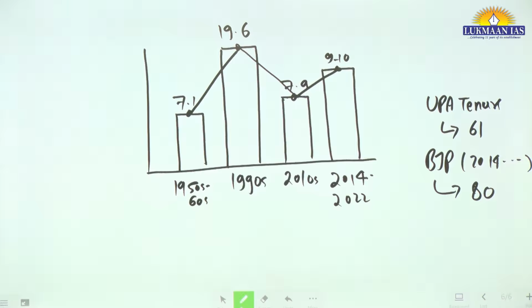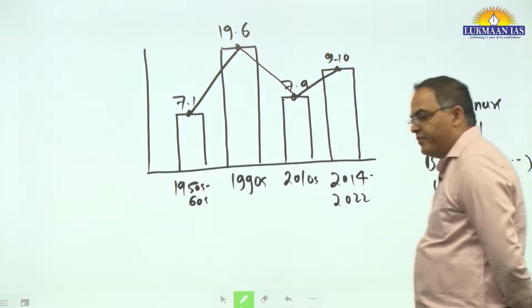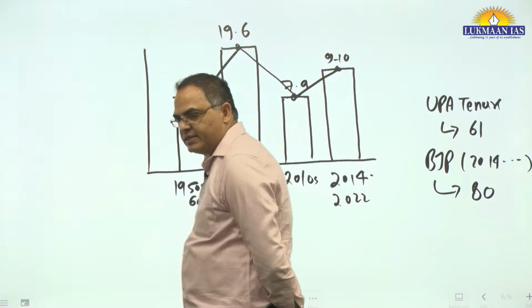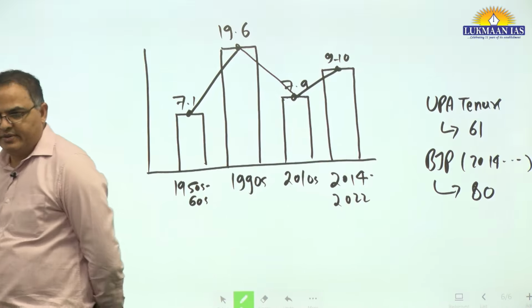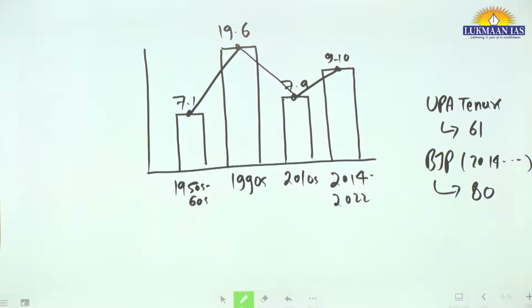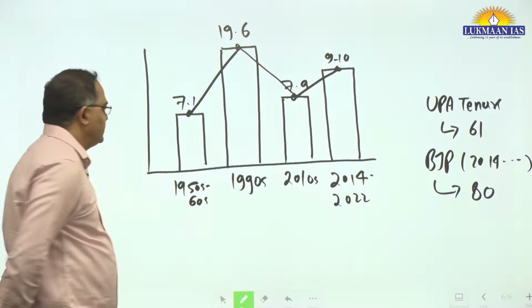Then 7.1 means the average number of ordinances in one year. These are nothing but the average number of ordinances in one year.